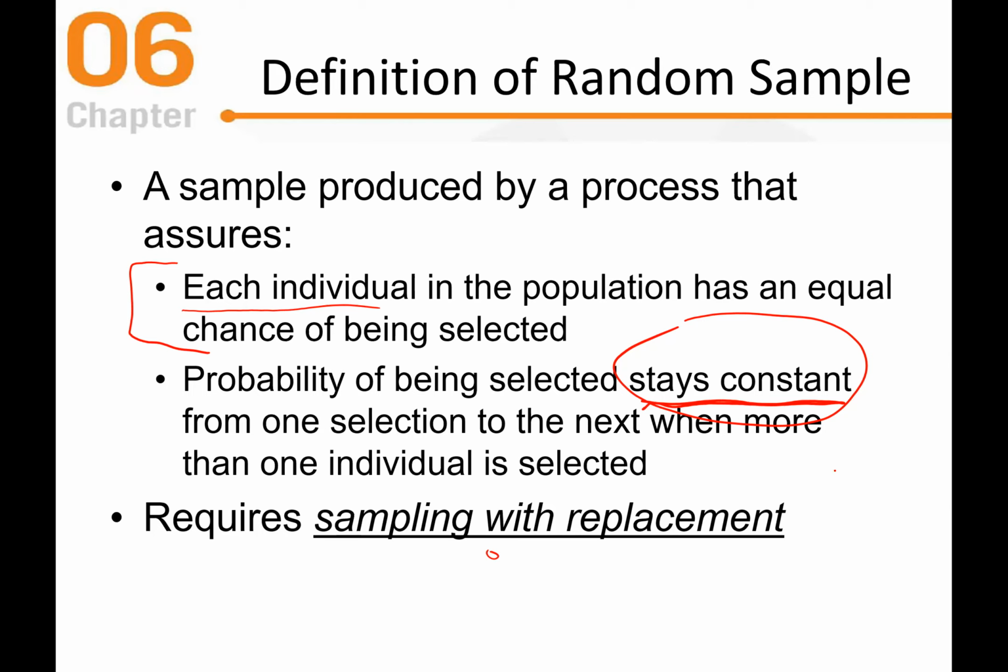Let's say there are 10 people in my population, and I want to take a sample of one person. If I took that one person out and I did not sample with replacement, and I wanted to go back in and select another person for my sample, well, the probability of the first person being selected is 1 out of 10.